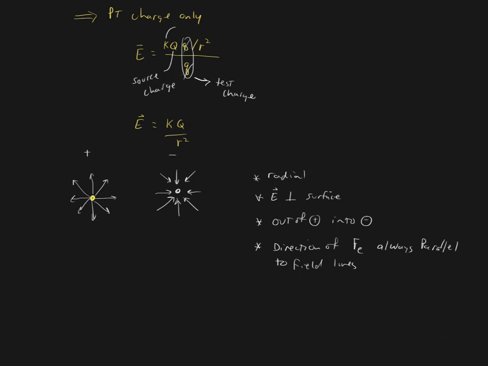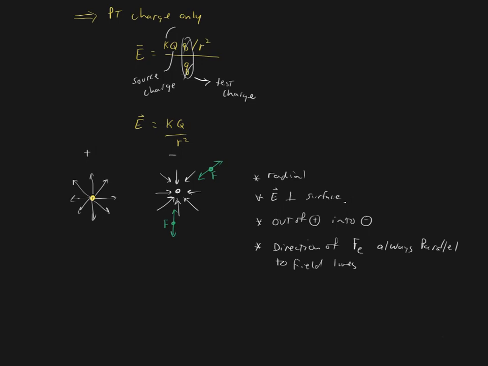Okay, so if you were to draw the force vector, it could be in either direction here, like that. It could be straight up and down here, like that, for a charge which is placed here or here. So it just depends on whether or not there's a positive charge or a negative charge in that vicinity.